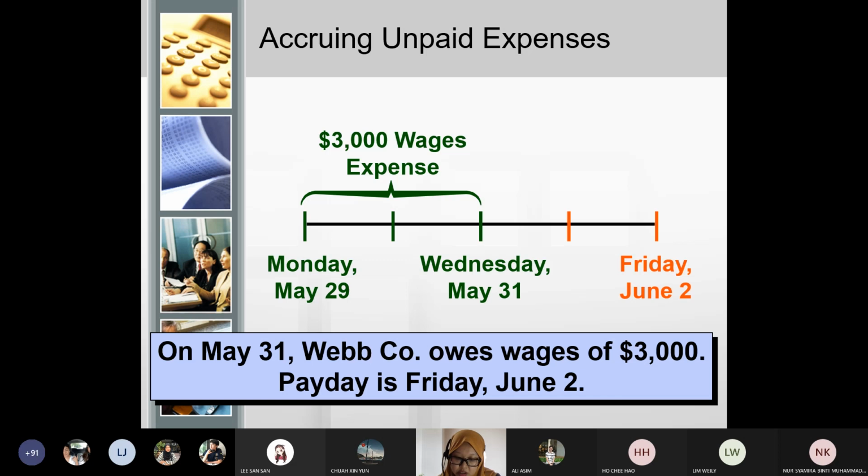So from May 29 until 31st May, we have to recognize the wages expense for the month of May. So how to adjust this?